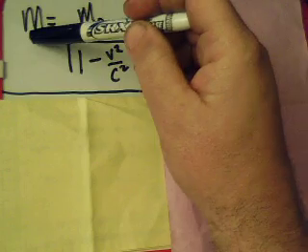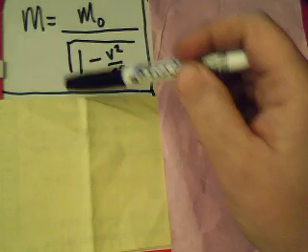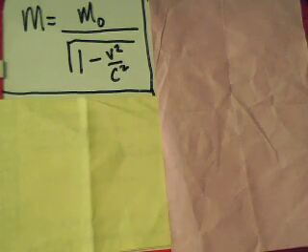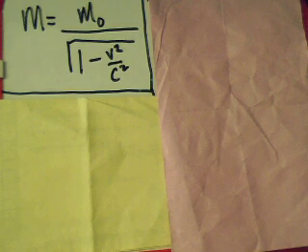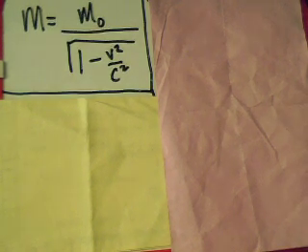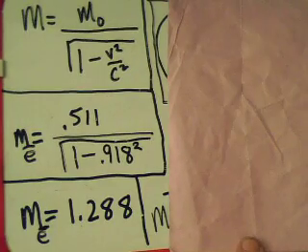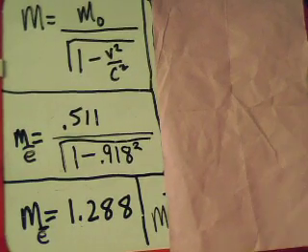Let's try to do that for our electron here. If you remember, the electron mass that I stated before was 0.511 when its velocity was equal to 0.